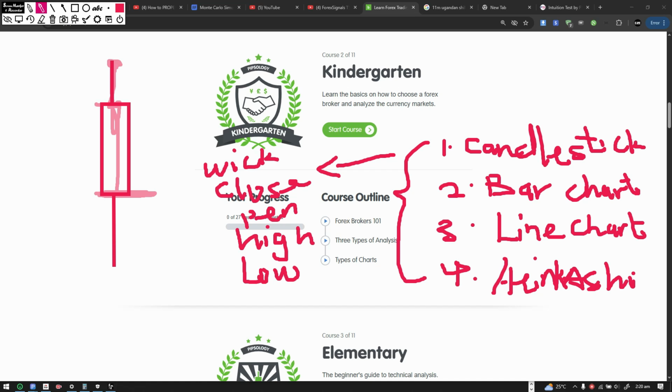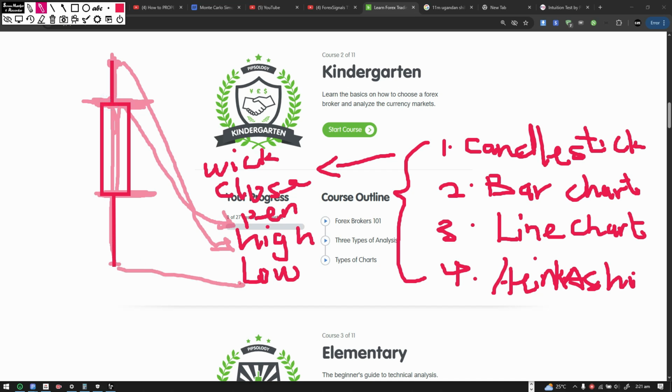So if this is bullish, this is the open, right? And this is where the high went. You open there, the high went, right? Then it has to come down again to this lowest side.